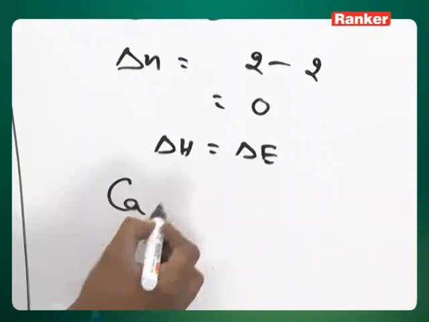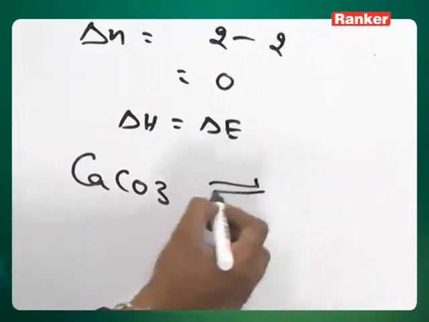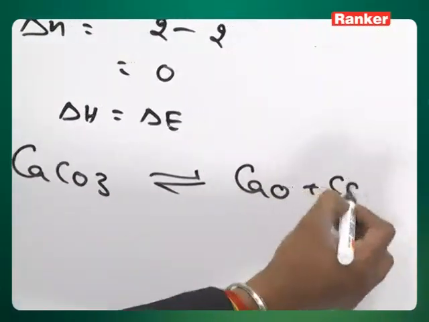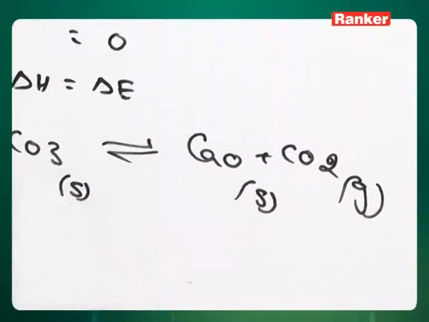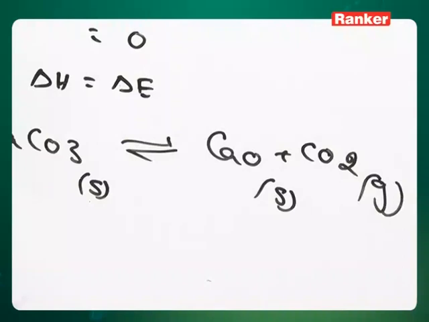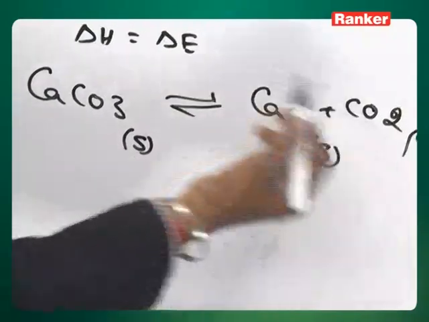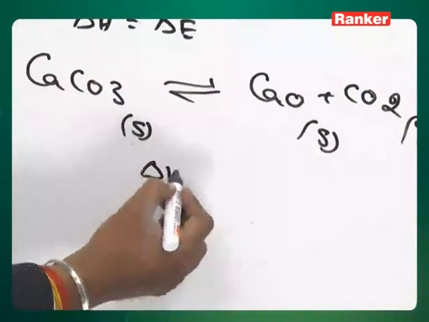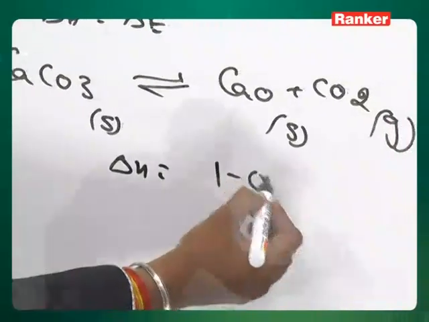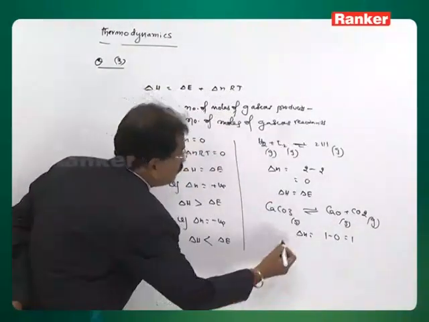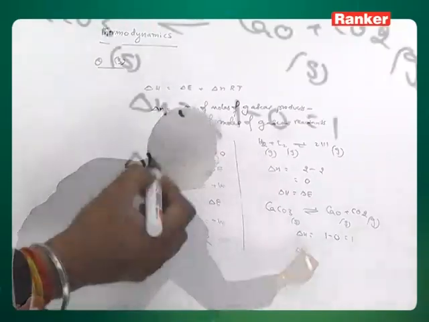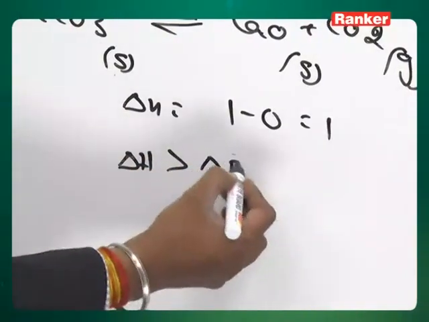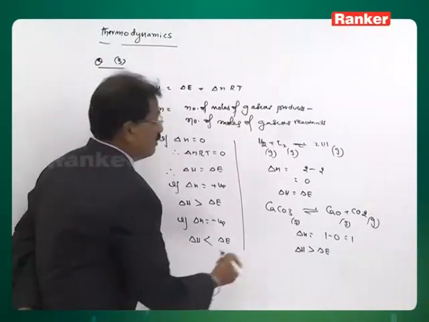Next, if you observe this reaction, during the decomposition of CaCO3, we are getting calcium oxide and CO2. For this reaction, del N is equal to 1 minus 0, which is 1. Therefore, here del N is positive. Since del N is positive, del H must definitely be greater than del E. Next, another example.